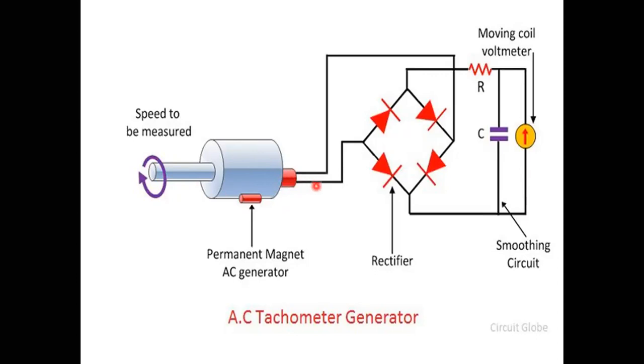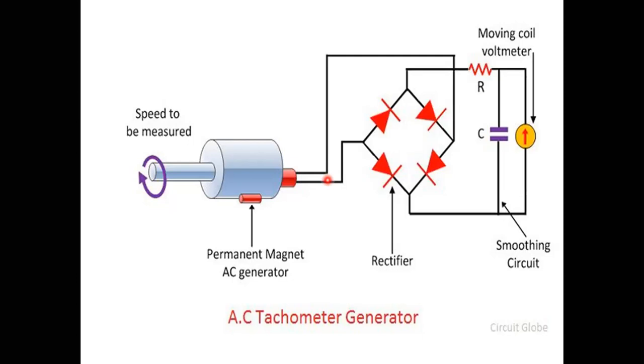Since this is AC output and the meter we are using is the PMMC, which will measure only DC components. PMMC is not designed to measure AC voltage or currents.